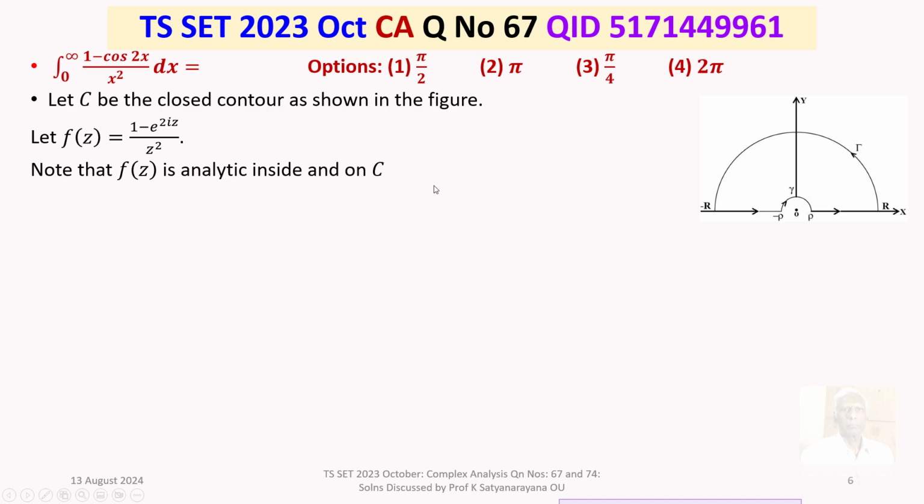Therefore, using the Cauchy-Goursat theorem or Cauchy's fundamental theorem, the integral taken round C of f of z dz is equal to 0. Agreed.